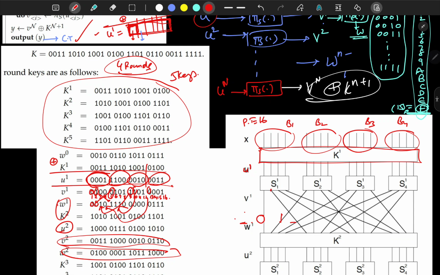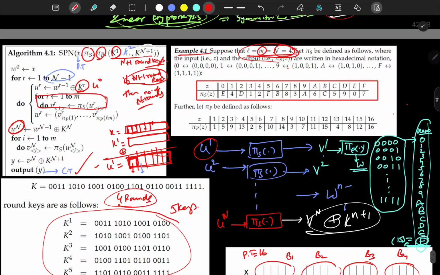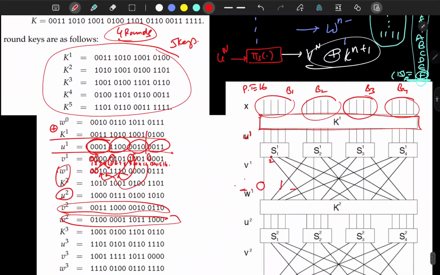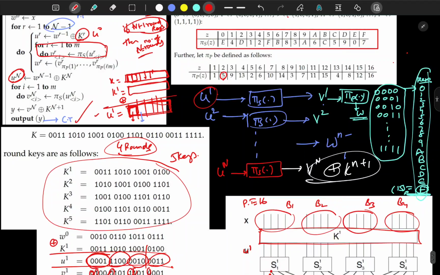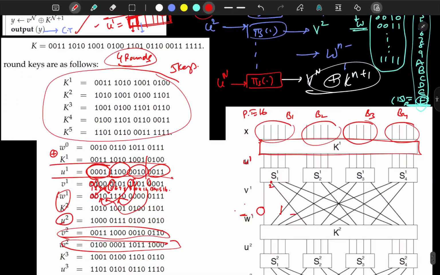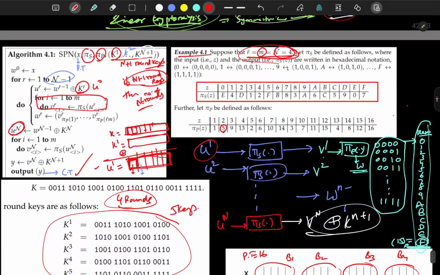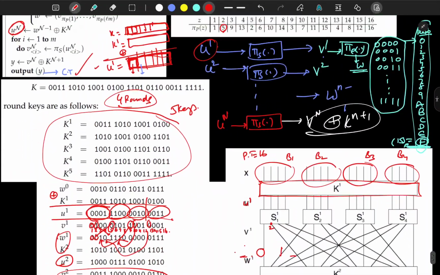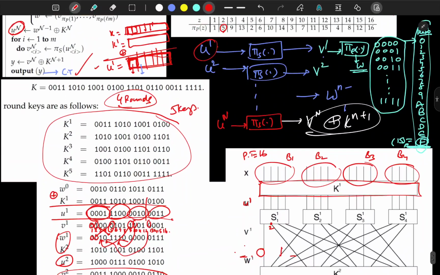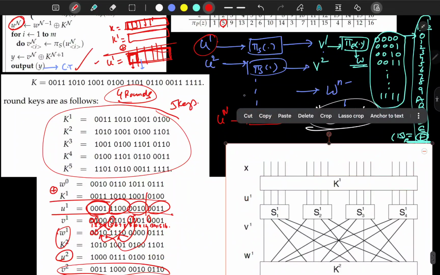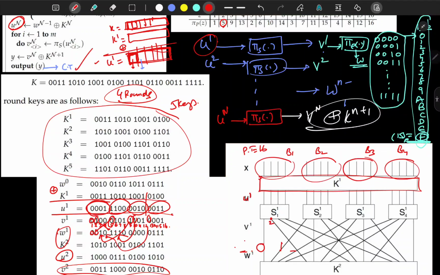See, this is the second bit. The second bit is replaced by where? The fifth bit. The understanding here is very normal common sense. Our main intention is, after producing V dash, you can apply the permutation box.